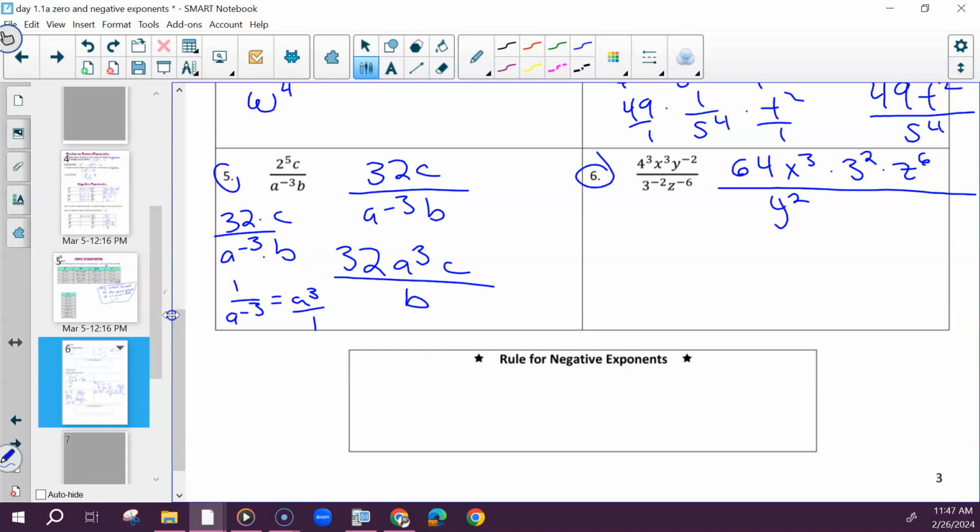Now, it's almost simplified, but I have to figure out what 3 squared is and then actually multiply that to 64. So 3 squared is 9. I'm going to move that to the front.